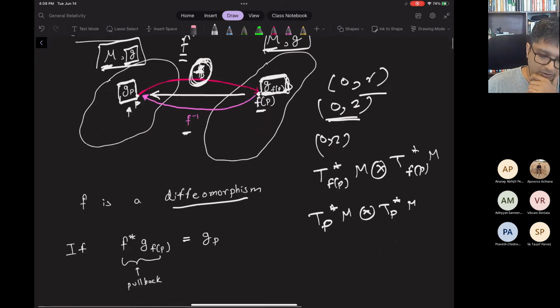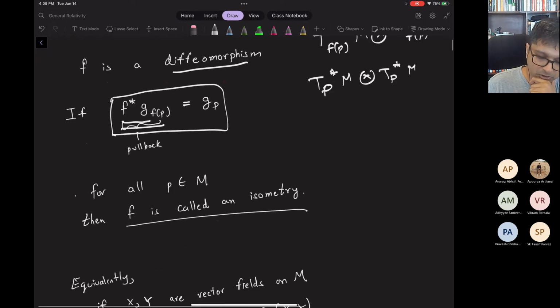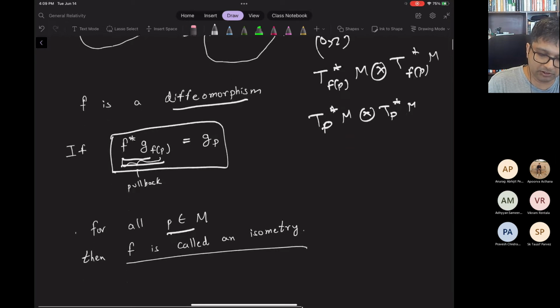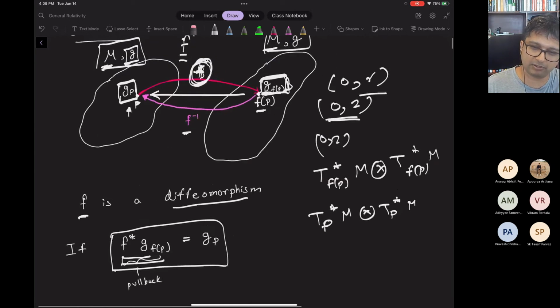So in an equation, if I pull back G of F of P, and if that equals G of P, and this is true for all points on the manifold, then this special transformation F is called an isometry. Iso meaning same and metry meaning metric, so you preserve the metric under this pullback operation.